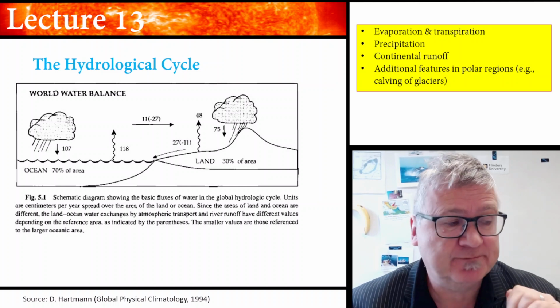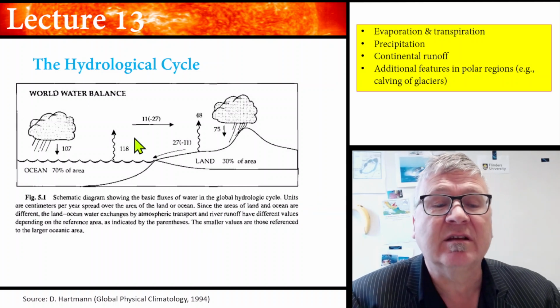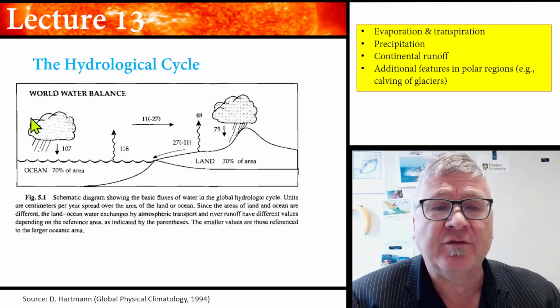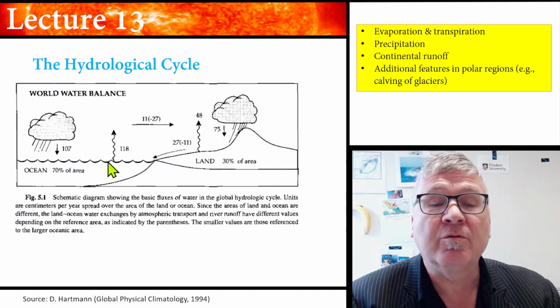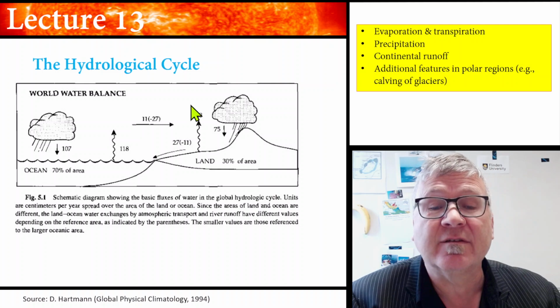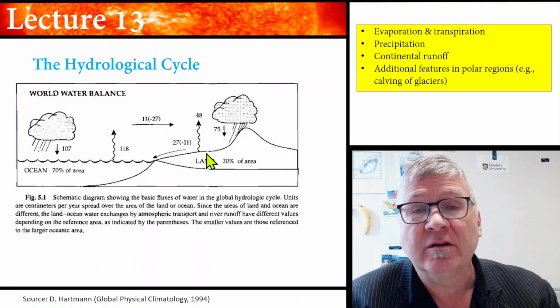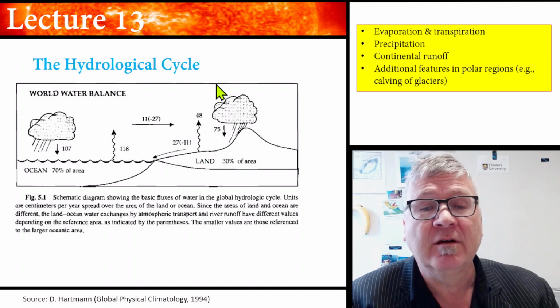On the left side, we're talking about the oceans, and the oceans cover 70% of the surface area. On the right-hand side, we talk about the continents, which have a 30% total coverage of the Earth's surface.